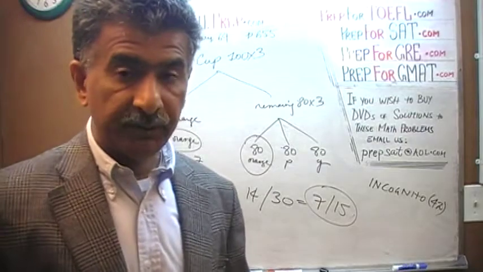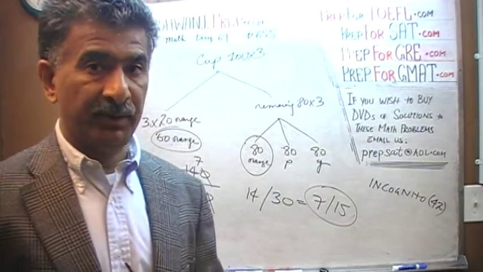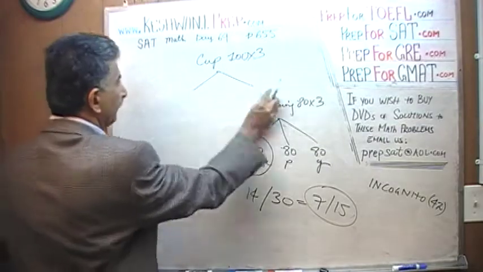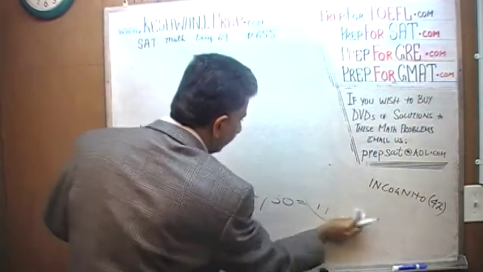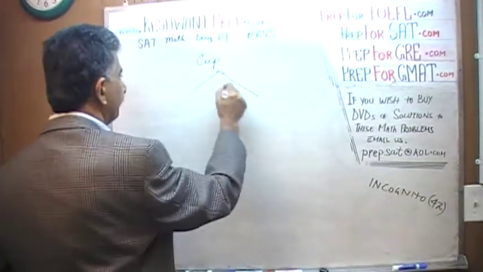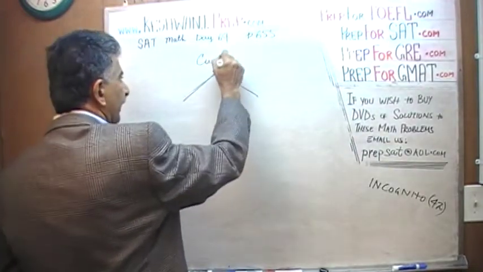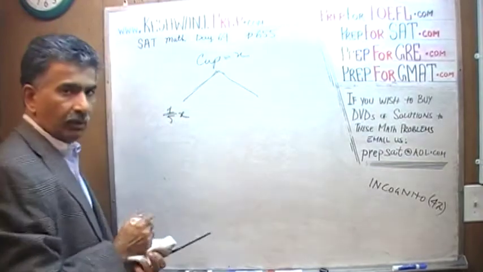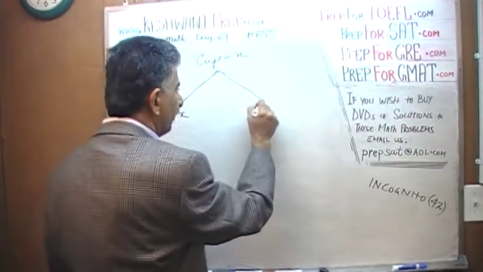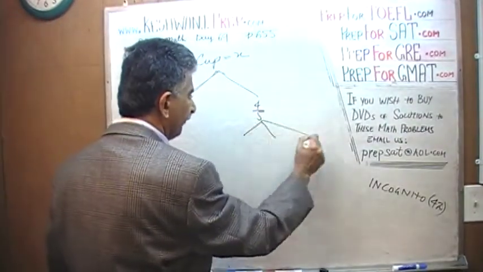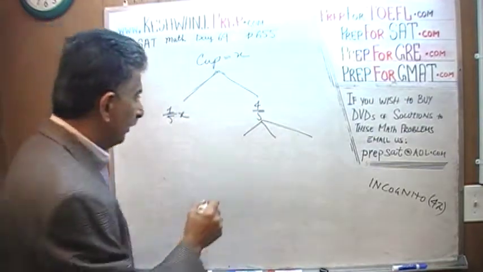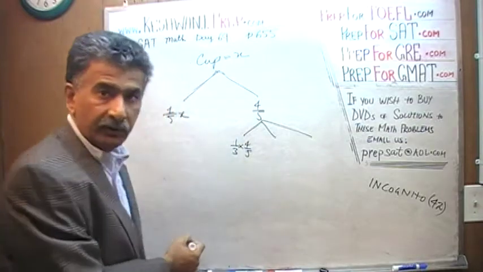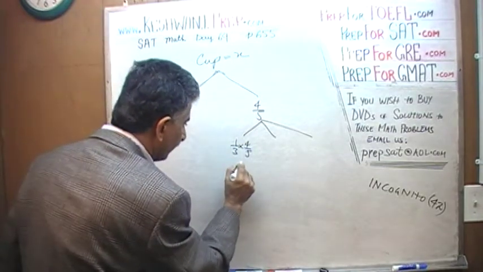The third method that you could have used is the classical method, the algebraic method. Here's your cup. Let's pretend the size of the cup is x. So we have 1/5 x of orange to begin with. We have 4/5 left, and the 4/5 is being divided into 3 parts. 1/3 of 4/5 is 4/15.